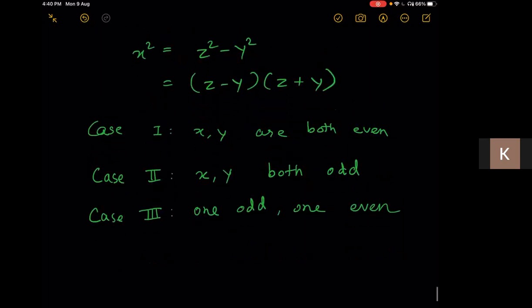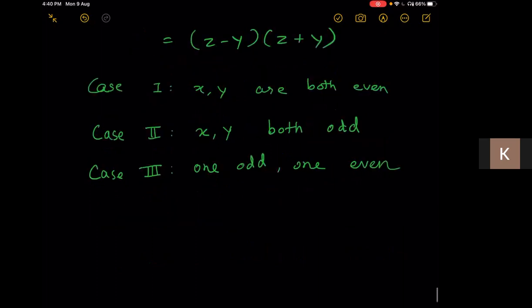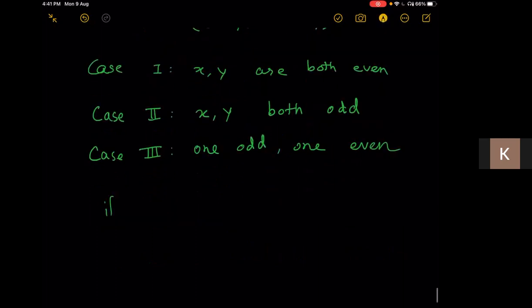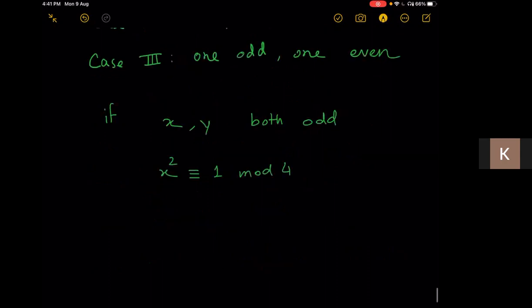So these are the three possible cases. Acha, if x, y are both odd, what happens? x square is congruent to 1 mod 4 because x is odd, and y square is congruent to 1 mod 4 because y is odd.